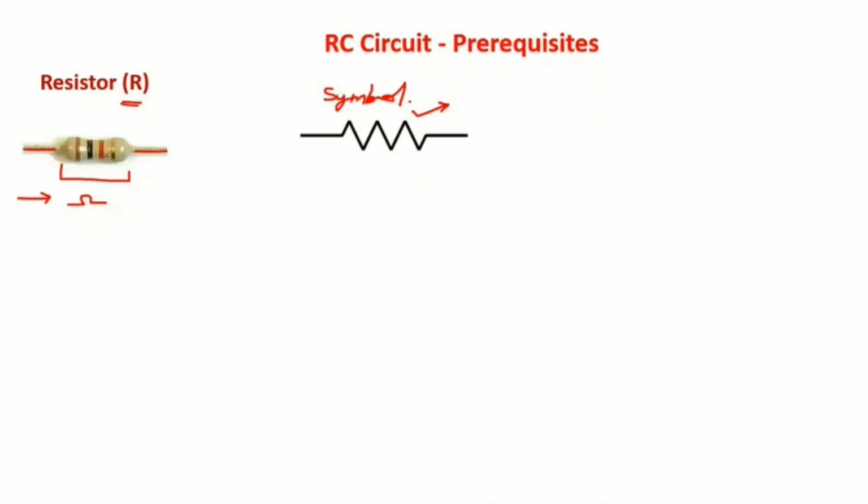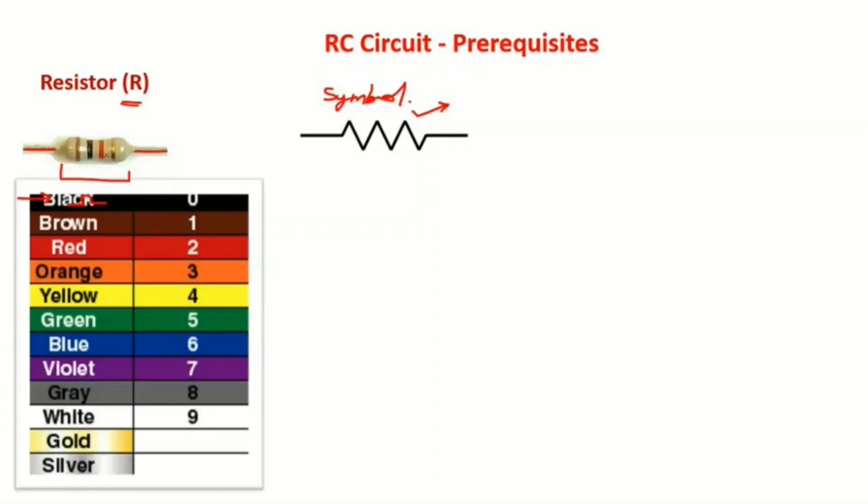To understand this color coding, we need to first understand what colors might be available on the resistor. The series of colors that may be available on the given resistors are black, brown, red, orange, yellow, green, blue, violet, grey, white, gold, silver. Now what are all these colors?